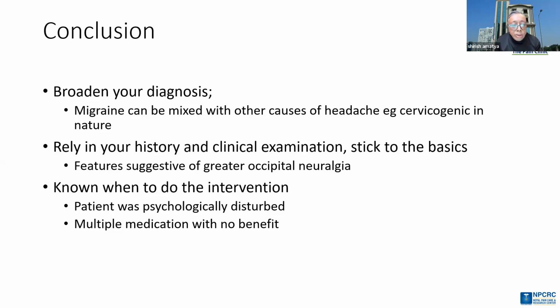And also remember, you have to know when to do the intervention. Normally he was having seven different types of drugs, like sedatives, SNRIs, SSRIs, NSAIDs and other various drugs. But if the patient is psychologically disturbed and is on multiple medications, then you should think of some intervention that might help.